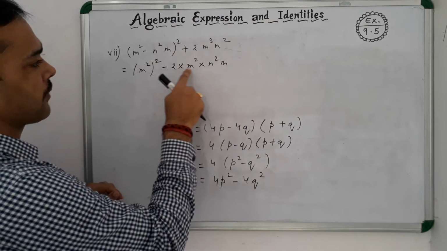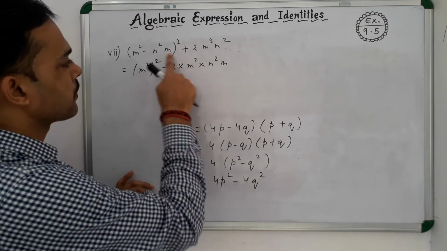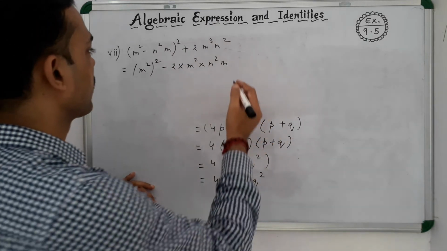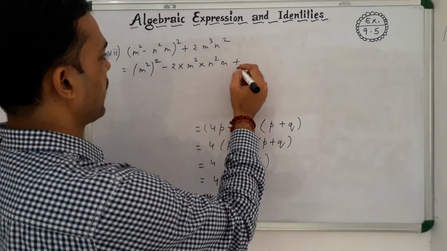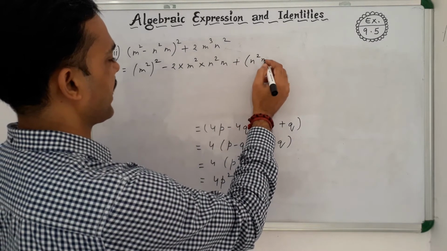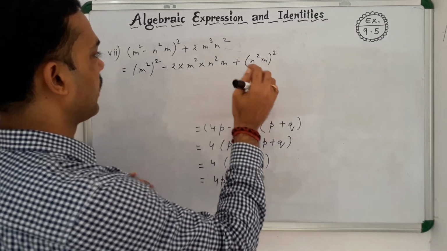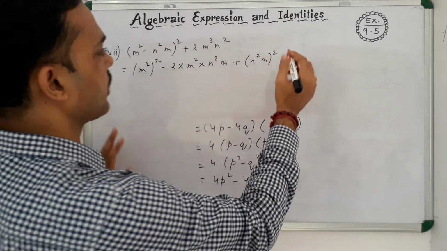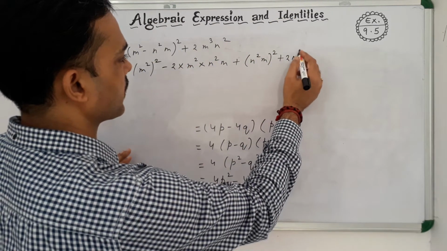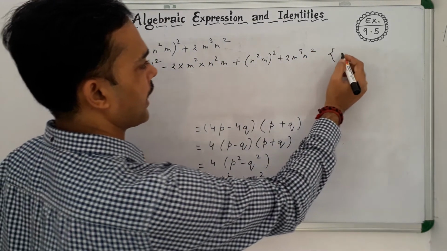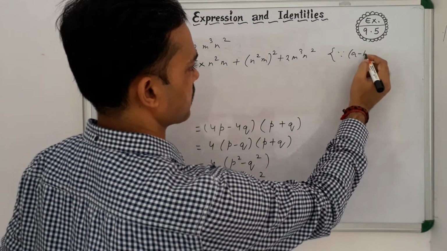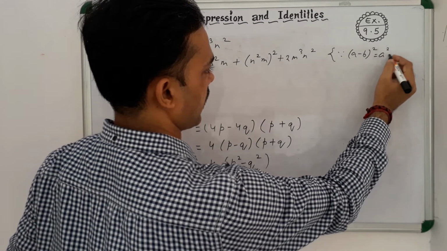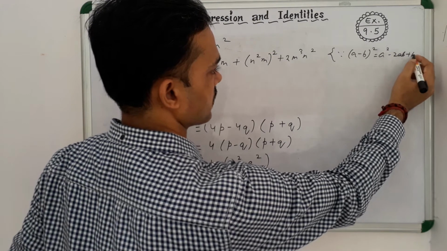At place of a I have written m square, at place of b I have written n square m, then plus b square, n square m whole square. This was only for this, then we have to also mention this one. So plus 2m cube n square. Why I have done this? Since a minus b whole square equals a square minus 2ab plus b square.